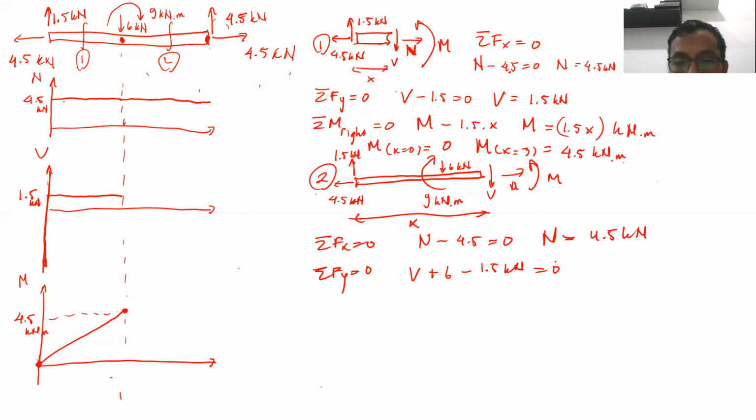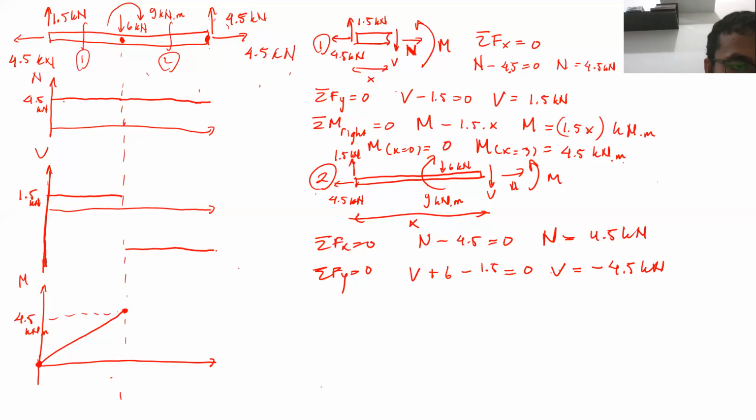Okay, so what I will get there is V equal to minus 4.5 kilonewton. Okay, so here I will draw it like this. Okay, and here is minus 4.5 kilonewton.